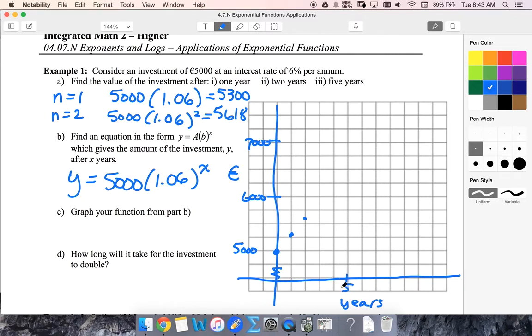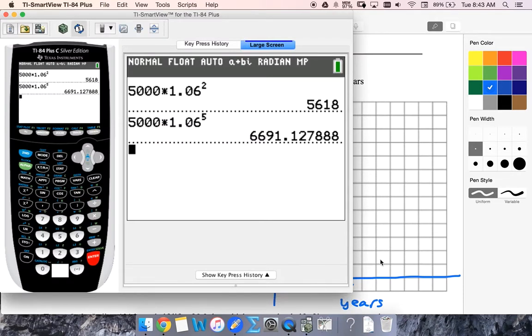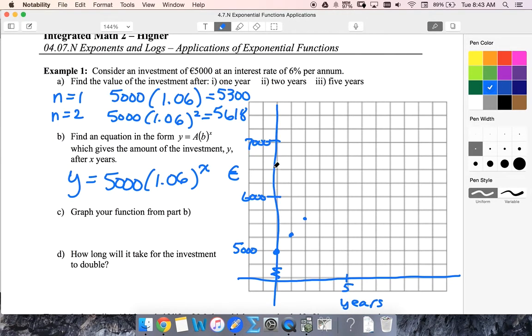And I need to label somewhere on this axis that I'm counting. So after 5 years, we had almost 6,700. So that's going to put us somewhere around there. And of course, we've got an exponential function going up. Actually, not so quickly because my B value is just over 1. So it's not going up that rapidly.